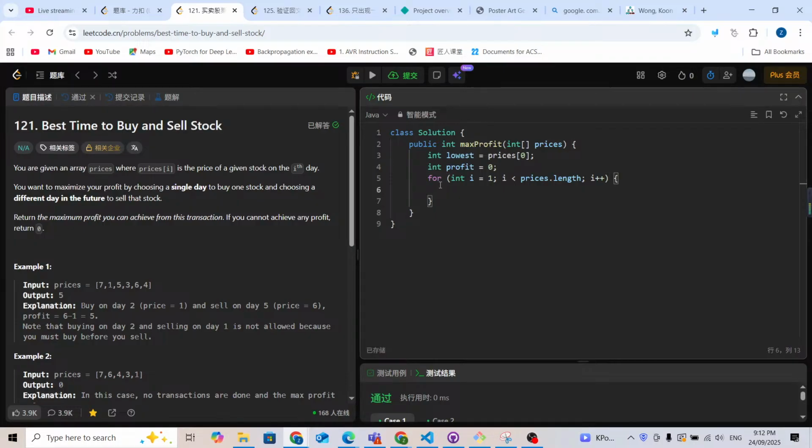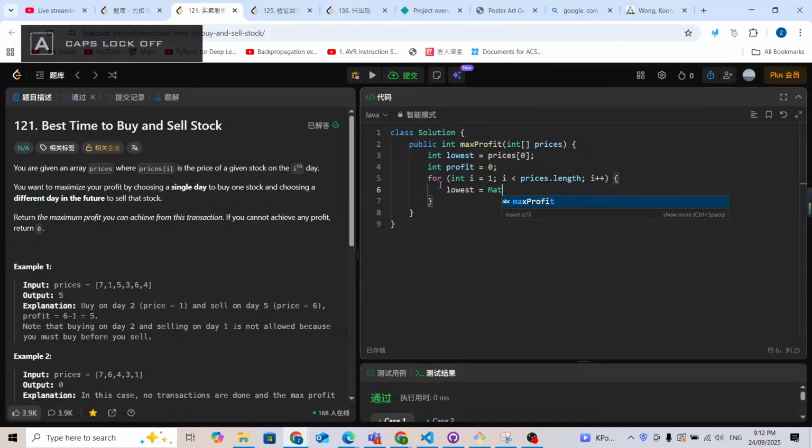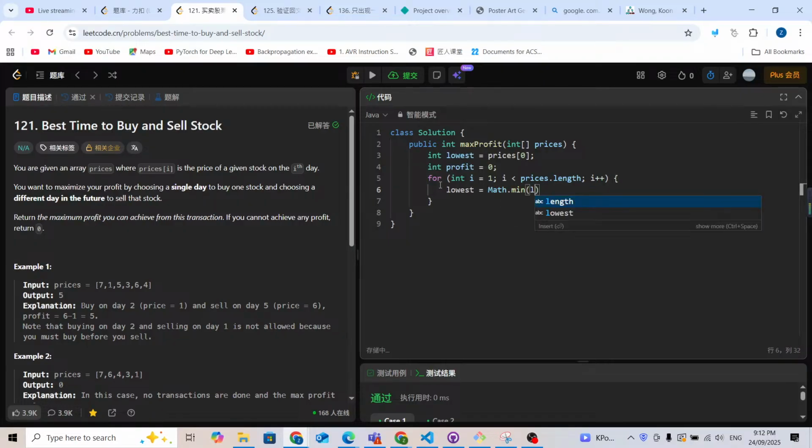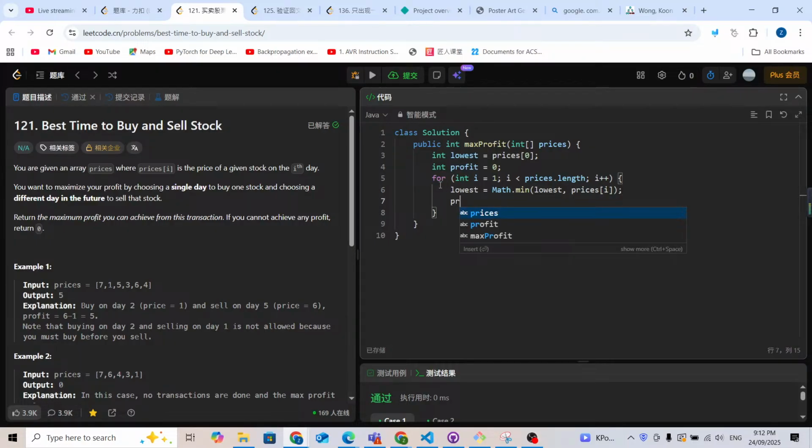First of all, we need to record the lowest. The lowest is going to equal Math.min of the lowest and the current price, prices[i]. Then we can calculate the profit.